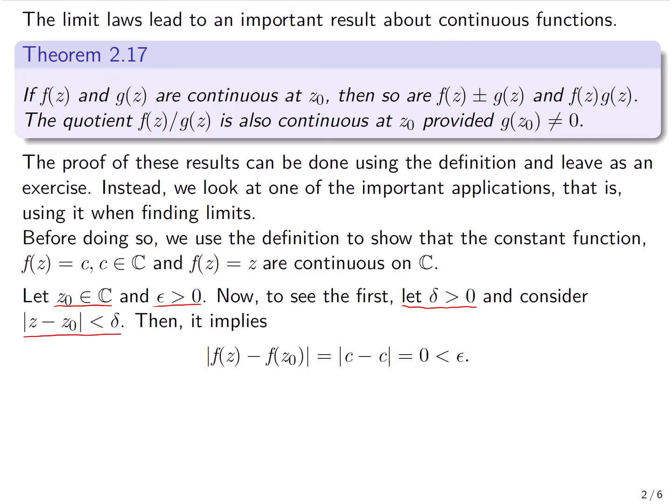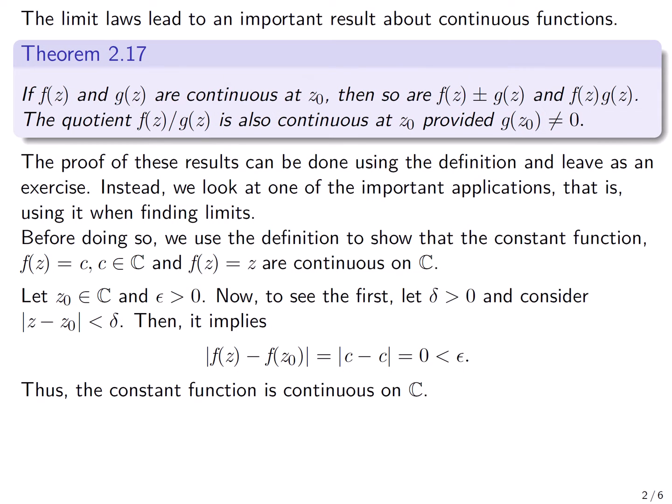Then if you look at the difference between the two function values, f(z) minus f(z0), which is c minus c, equal to 0, that means automatically less than epsilon. It doesn't matter what c you pick, it's automatically less than epsilon. So it is continuous by the definition, and thus the constant function is continuous on C.